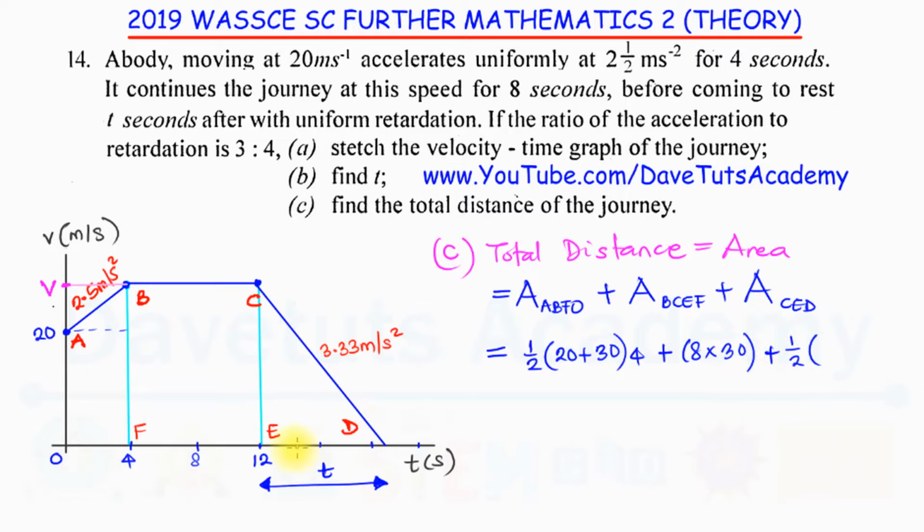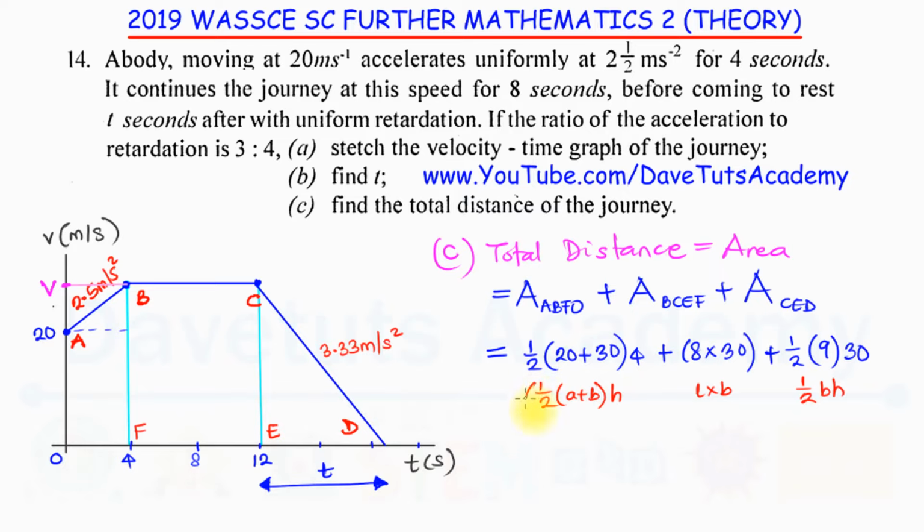The base is t, which we got to be 9, then the height is EC, which is 30. Okay, so for students, this is actually half the sum of the sides multiplied by the height for the trapezium. Here it is the length multiplied by the breadth for the rectangle, and here it is half base times height for the triangle.